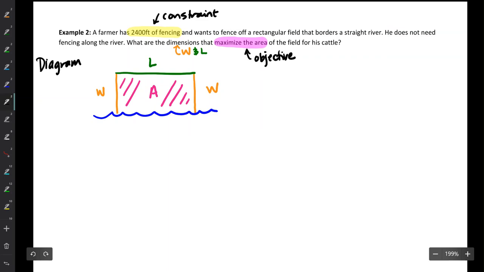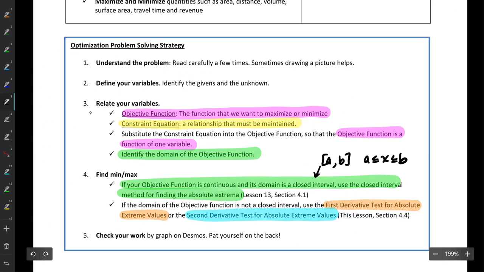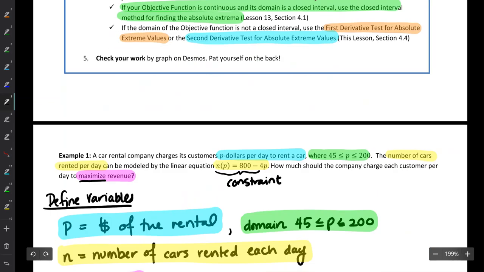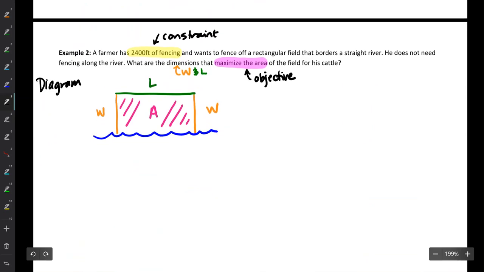Okay, so I feel like we understand the problem fairly well. What we want to do is identify our objective function, our constraint function, substitute that constraint into the objective so it's a function of one variable, and then think about domain. Okay, so objective.